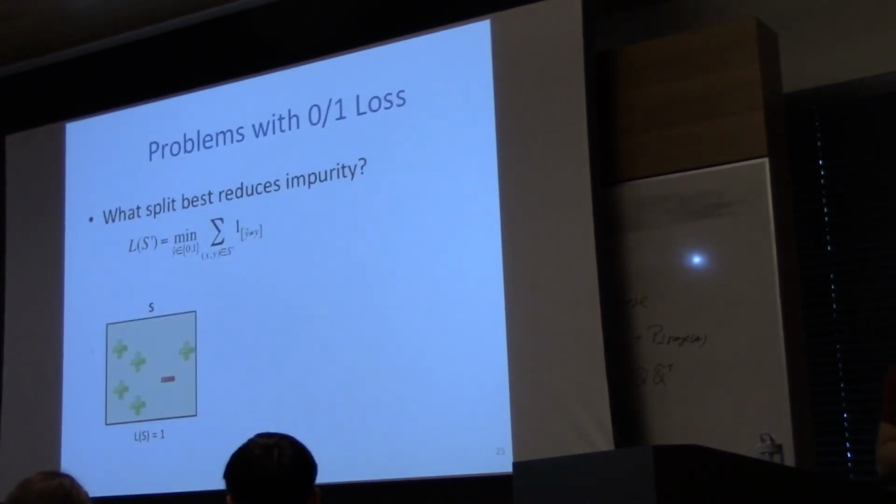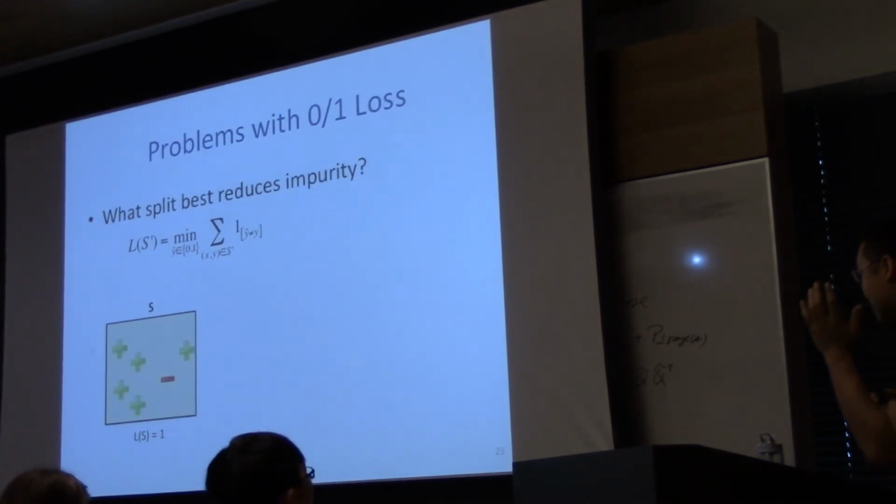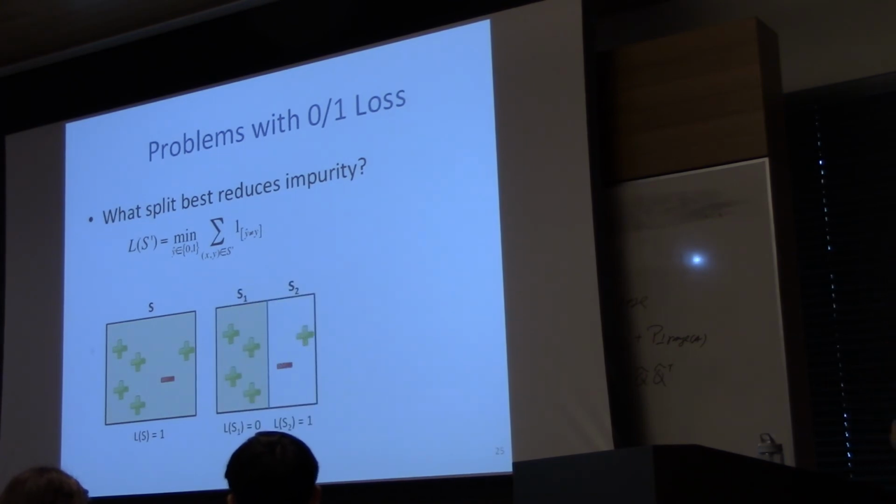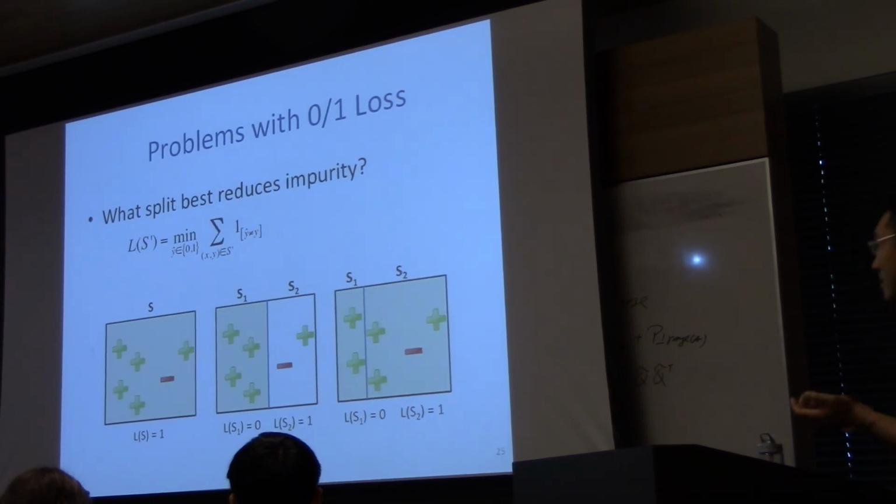Of course, just like in the linear model case, where optimizing for 0-1 loss is very difficult because 0-1 loss is flat or discontinuous everywhere, we get a very similar issue with 0-1 loss as the impurity measure. So consider this example. It turns out that no matter what split you choose, if your impurity measure is 0-1 loss, the impurity reduction will only be 0.